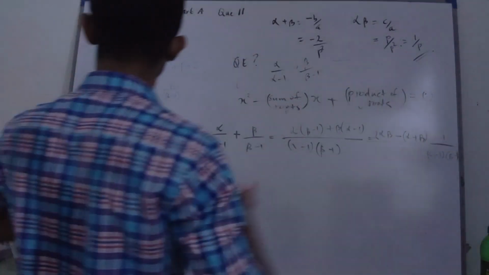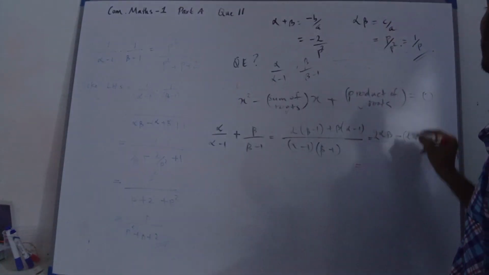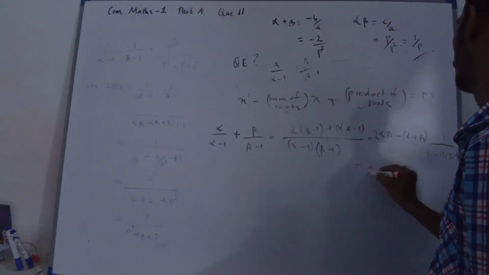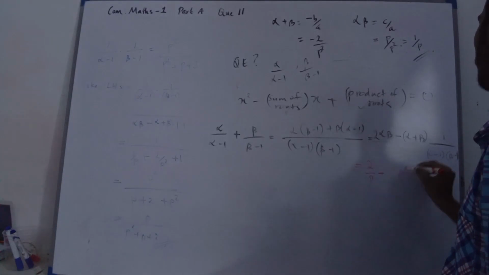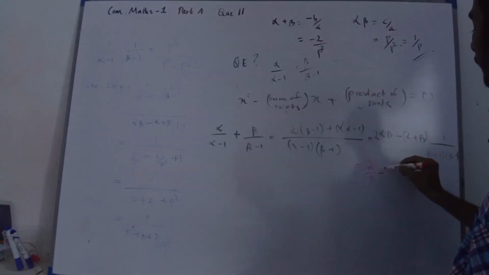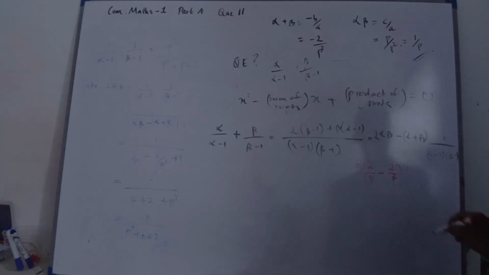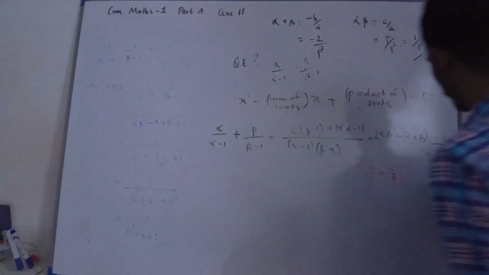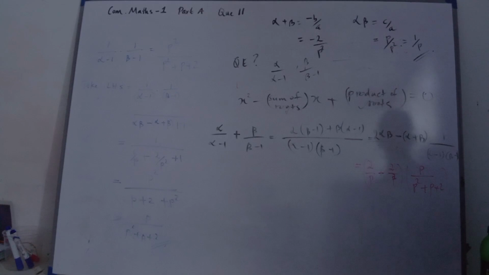So here this is equal to 2 alpha beta, which is 2 over p, minus alpha plus beta, so minus into minus plus 2 over p squared into, here I have already found out this, so p into p squared plus p plus 2, right? Now since p is greater than 0, I can eliminate this and this.